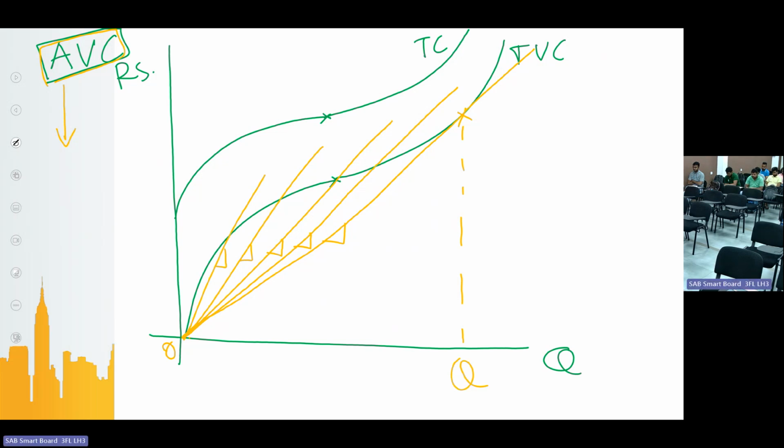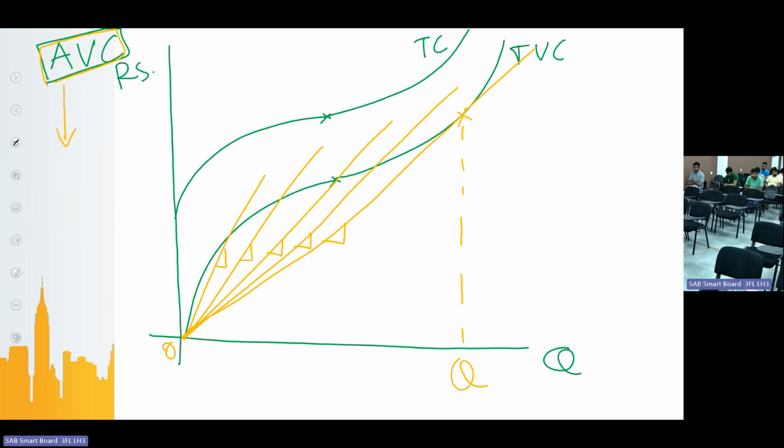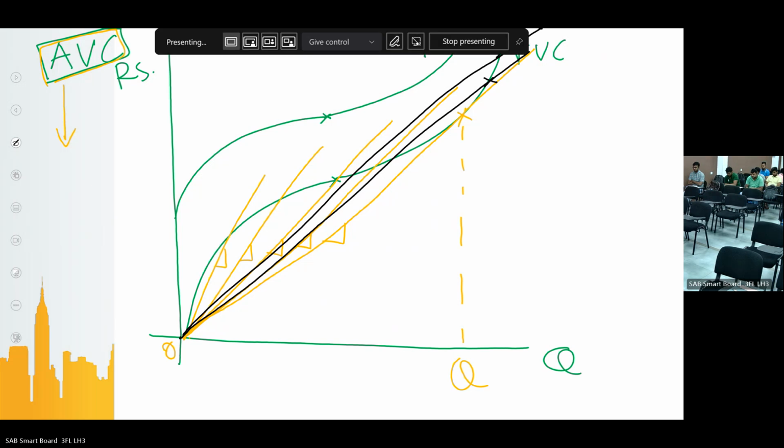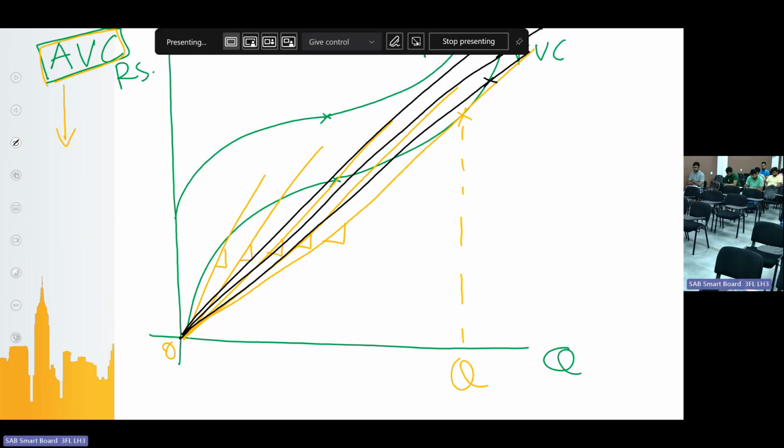After that point, if we draw straight lines further, let's draw a straight line to this point and this point. We can draw straight lines further because it continuously increases.